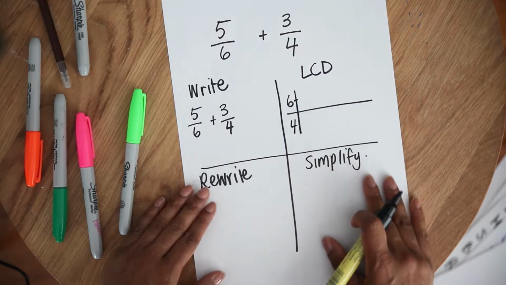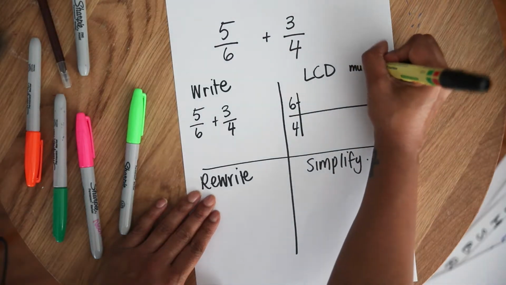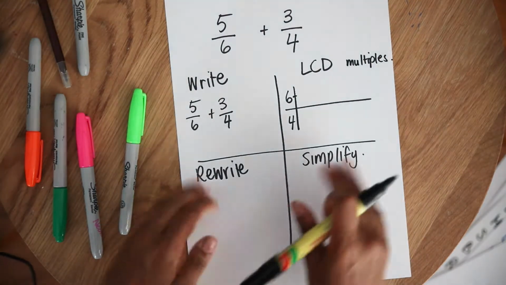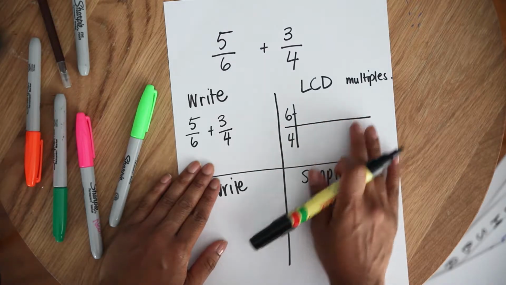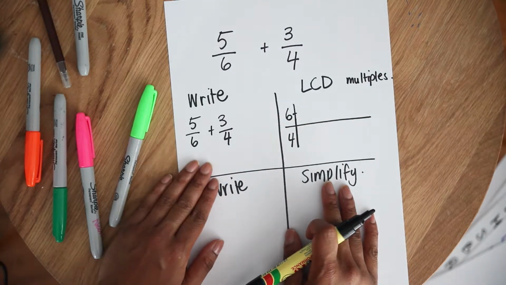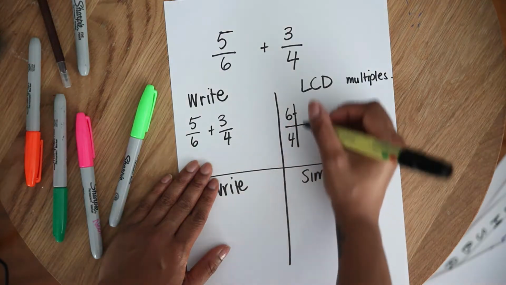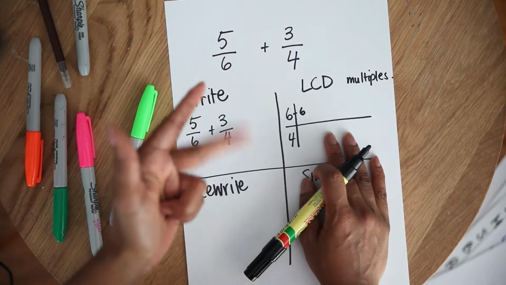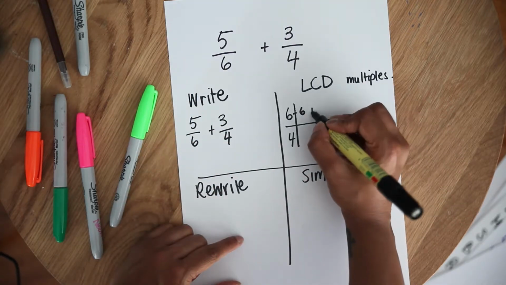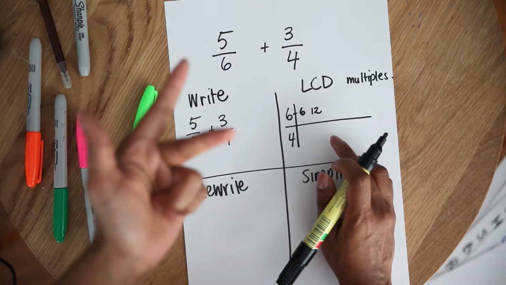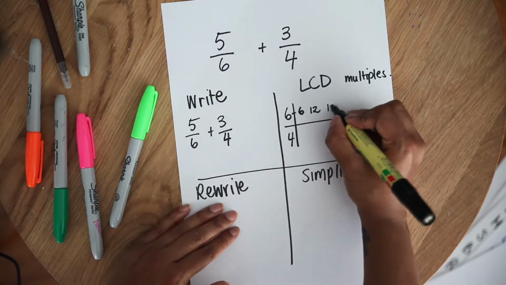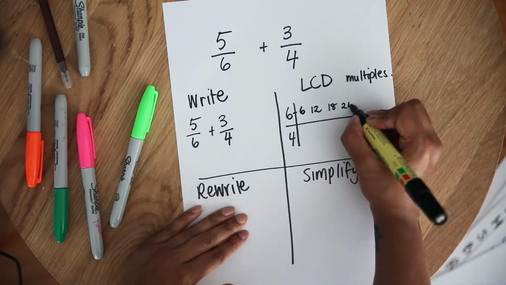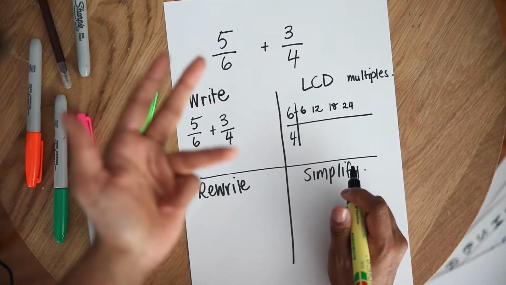Okay, so we're going to write our multiples. Let's write down the first few multiples, normally the first 5 or so of each of these numbers. So let's do 6. If you're not sure of your times tables, let's add on 6: 6, 12, 18, 24, 30.